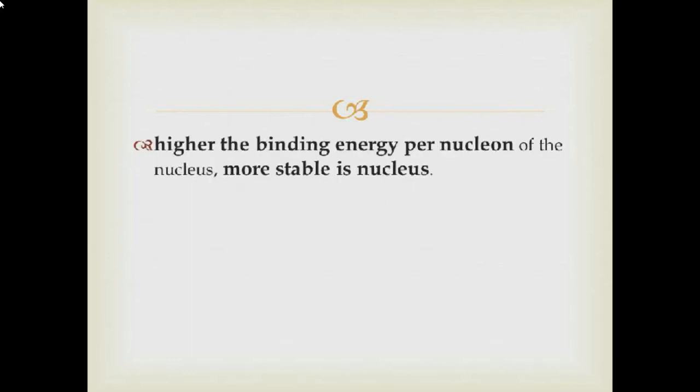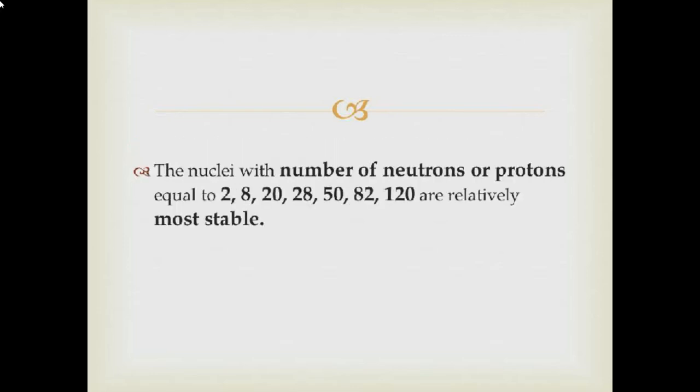We've seen that the higher the binding energy per nucleon of the nucleus, the more stable the nucleus will be. Remember these numbers: nuclei with number of neutrons or protons equal to 2, 8, 20, 28, 50, 82, 120 will be more stable compared to the neighboring elements.